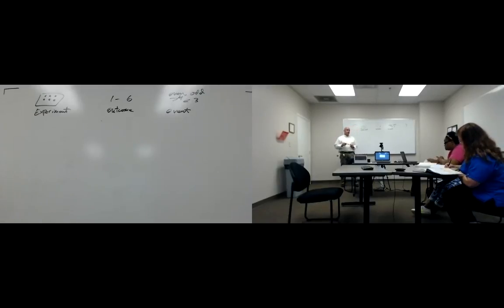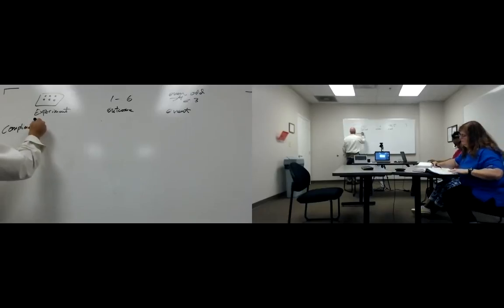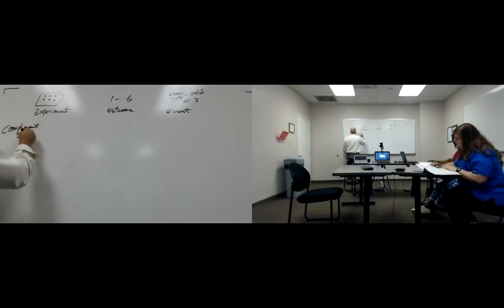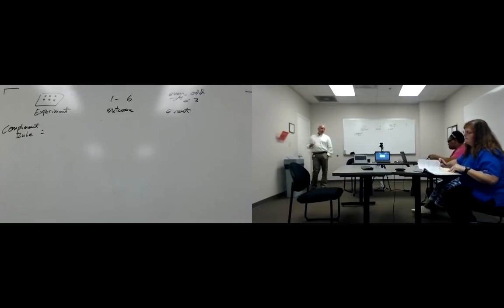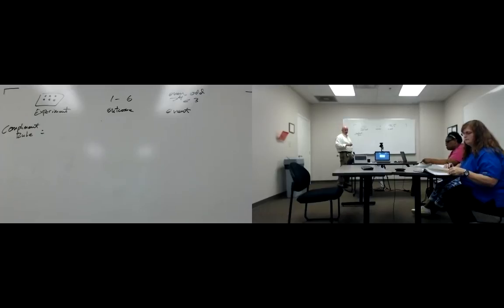The complement rule is used to determine the probability of an event occurring by subtracting the probability of the event not occurring from 1.